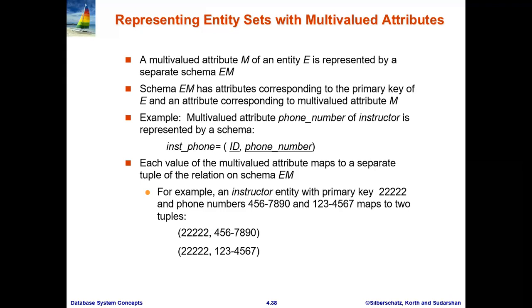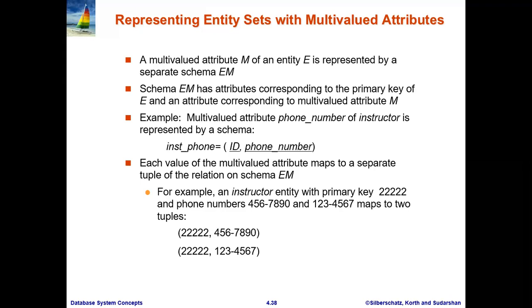The reason is the multi-valued attribute of an entity is represented by a separate schema. For example, a multi-valued attribute M of an entity E is represented by a separate schema, that is EM.